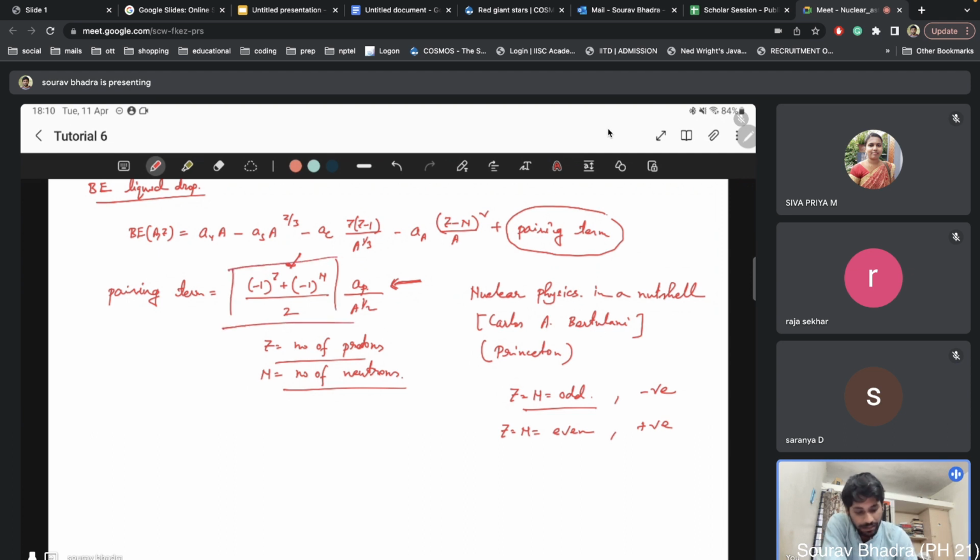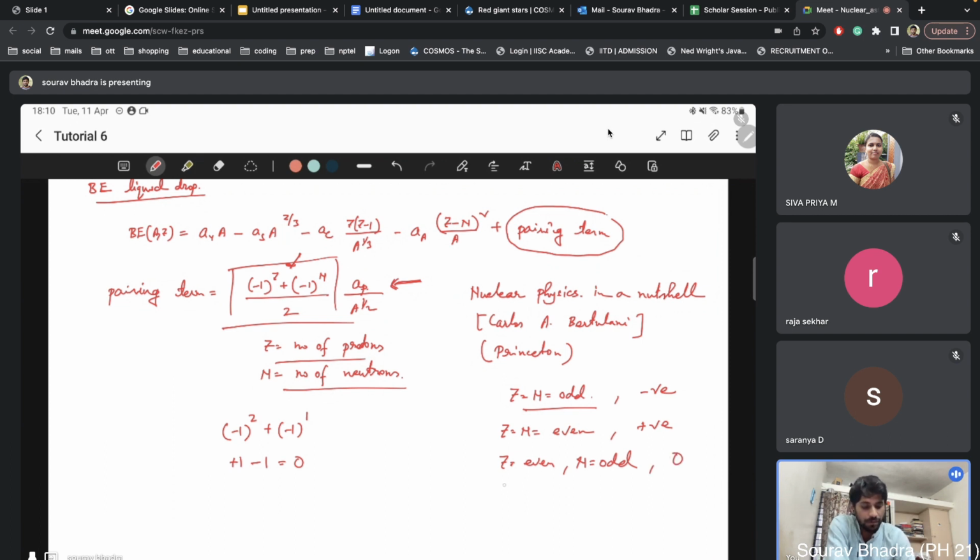And if Z is even and N is odd, say Z is 2 and N is 1, I am just taking an even value and an odd value, then it will be plus 1 and minus 1, so that will be 0. That means the numerator of the pairing term will be 0, so the whole term will be 0.